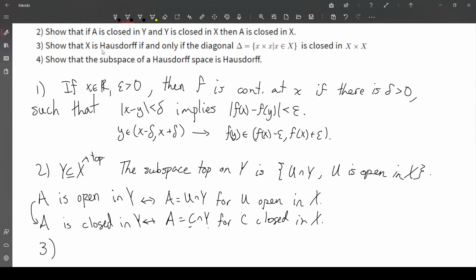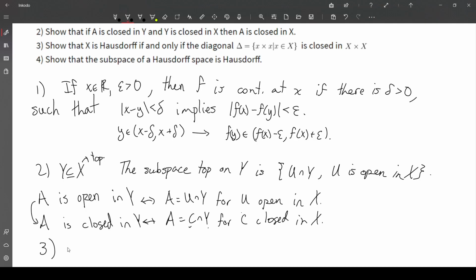All right, number 3 has to do with relating the condition of being Hausdorff to the condition of the diagonal in the product topology being closed.